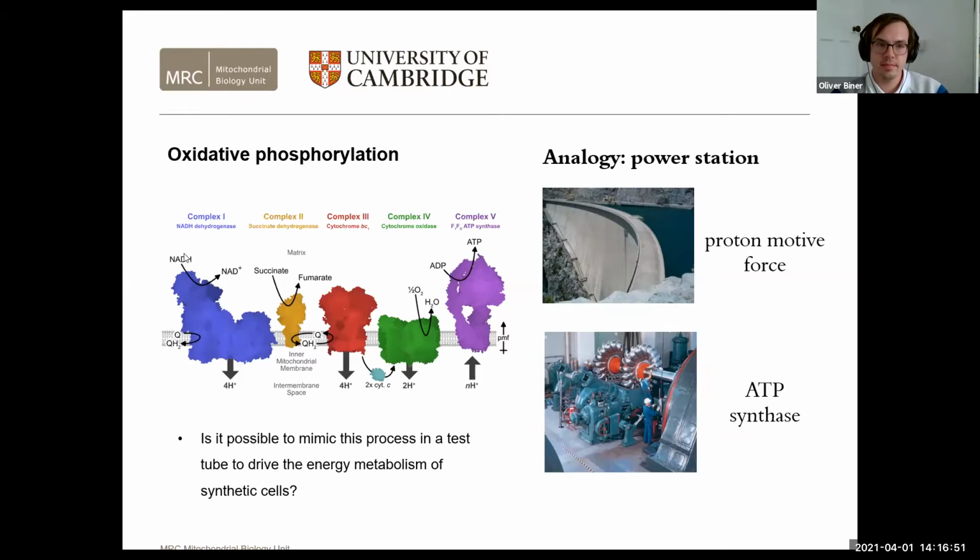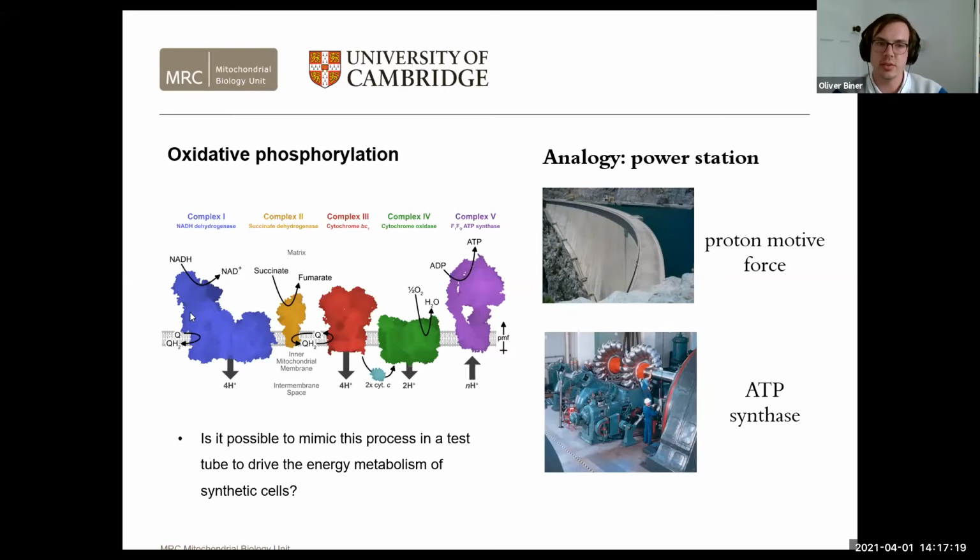And electrons are now fed into the system from the citric acid cycle, and are then transferred to quinones, which we have already seen this morning when we talked about batteries. And during that process, protons are transferred across the membrane. So they are concentrating on one side of the membrane, and with that you build an electrochemical potential.